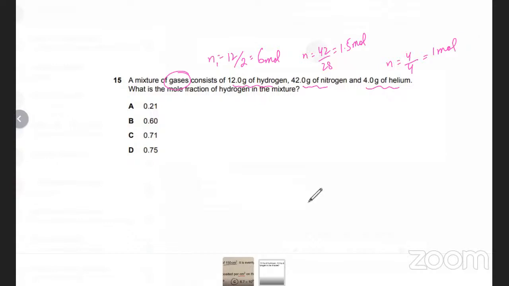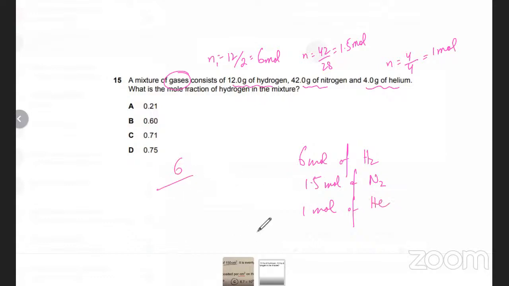So mole fractions: you've got 6 moles of H2, 1.5 moles of N2, and 1 mole of helium. So the mole fraction of hydrogen is 6 divided by the total, which is 8.5. Okay, that's the mole fraction.